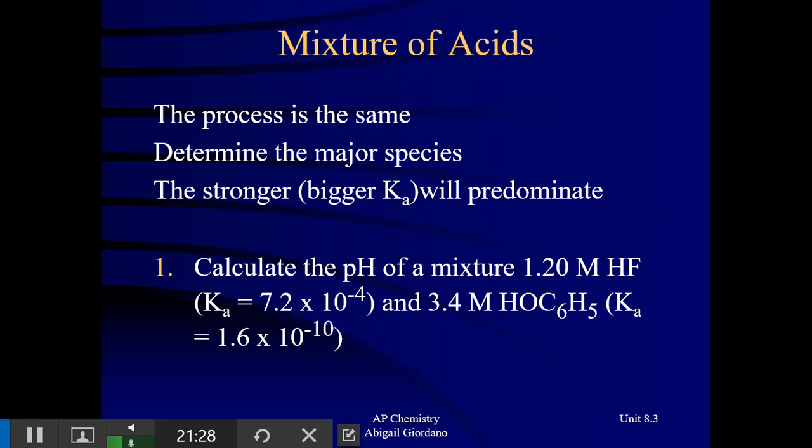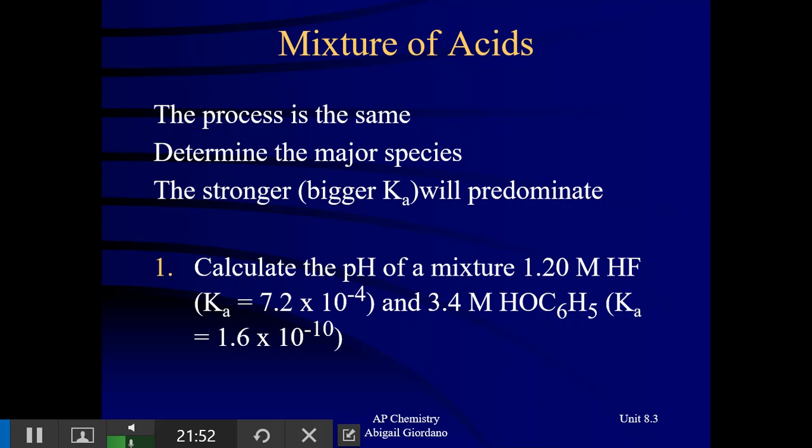It says the stronger, bigger Ka will predominate. What that means is, guys, the acid that has the larger Ka is slightly stronger than the other one. Now, these are both weak acids, but look at the numbers. HF is a little bit stronger than the other one.